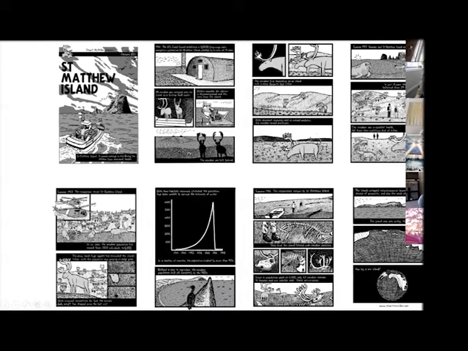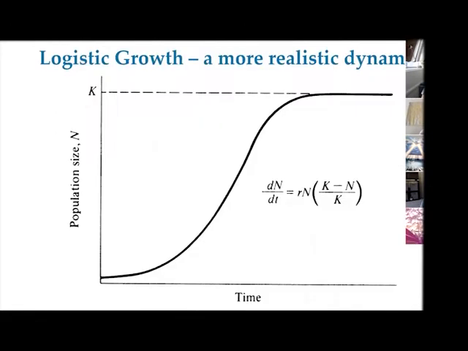And they grow to a very large size because there's this really nutritious lichen out on the island. However, the lichen grows more slowly than the reindeer populations, so they run out of food and then the whole population goes extinct. This is a pretty good graphic illustration, and it's too small to really see here, so I'll post the PDF. It tells the whole story and does it pretty well.